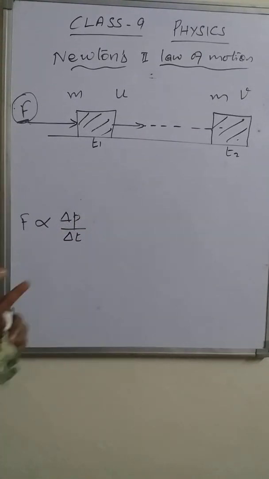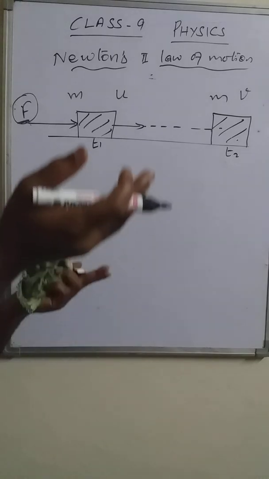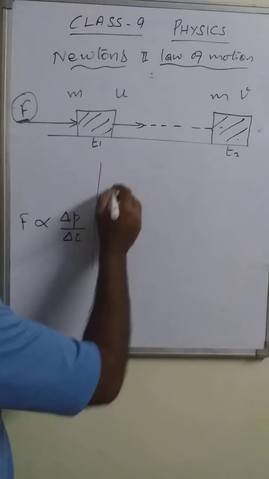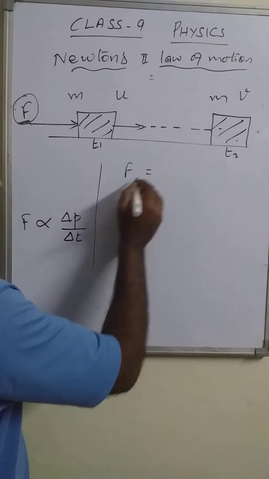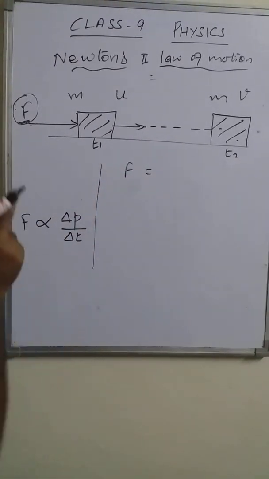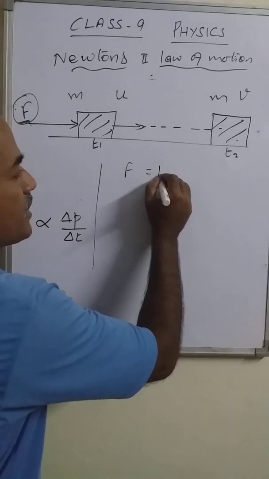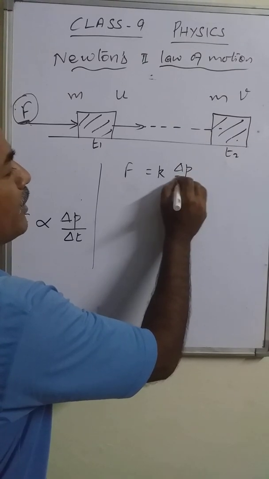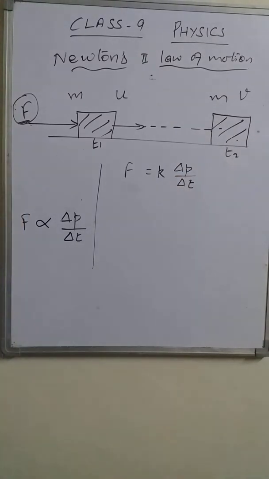Here it is only proportional. One increases, the other also increases. They are not equal. Here we can put the equal symbol by removing this proportional symbol. While doing that, you have to put some constant k, that is, k times delta P upon delta T. In this, the constant is not significant, it is not important.